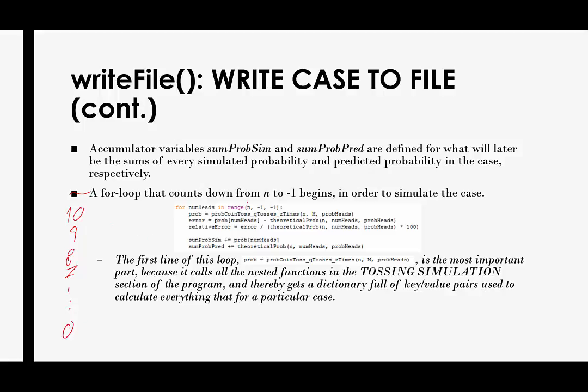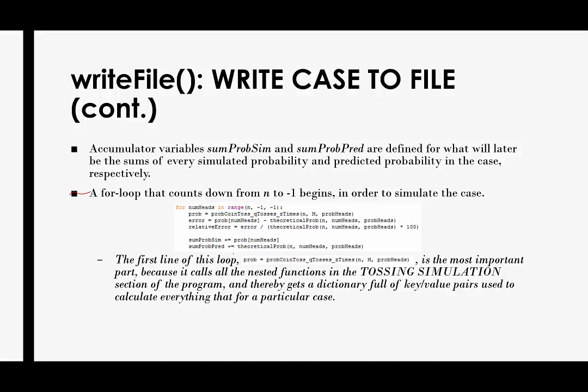And then it uses that in some of the calculation and printing in this function. This would be the number of heads, and then it would calculate the probability, say, for 10 heads and 0 tails, or 9 heads and 1 tail, and so on and so forth. So that's how that for loop works.